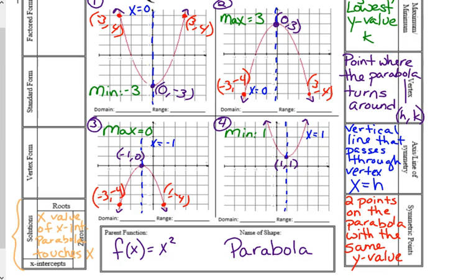So on graph number 1, we have them here. So our x-intercepts are (-2, 0) and (2, 0). So that means our solutions are -2 and +2. Same for number 2.